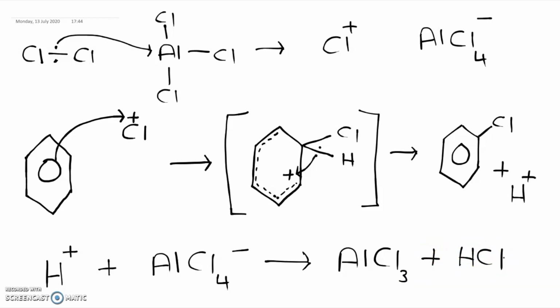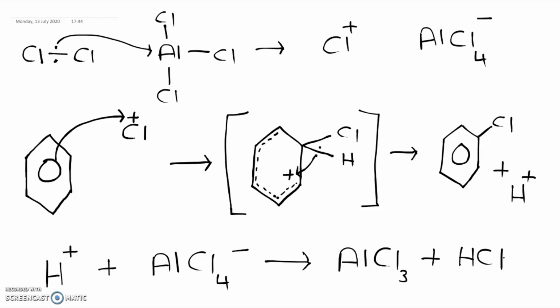Now if we look back at the original chemical equation, we had benzene reacting with chlorine to form chlorobenzene and hydrogen chloride gas. Now this mechanism explains how we end up with these products, because in stage 1, step 1, I have Cl+ and AlCl4- being formed. The Cl+ is the electrophile that we need for stage 2.